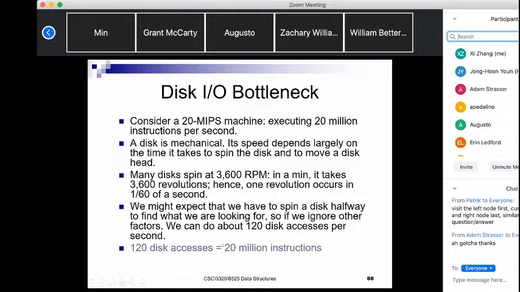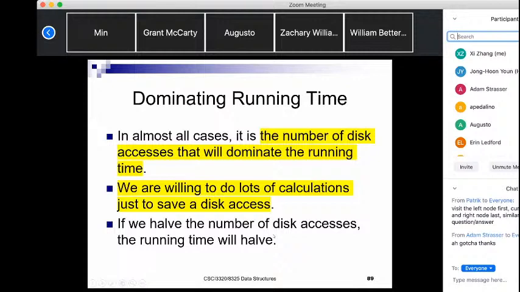That's what we try to do. The dominant running time is up to the disk I/O operations, not the CPU computation. So we are willing to do lots of extra computation to save just a single disk I/O operation. That's our goal.